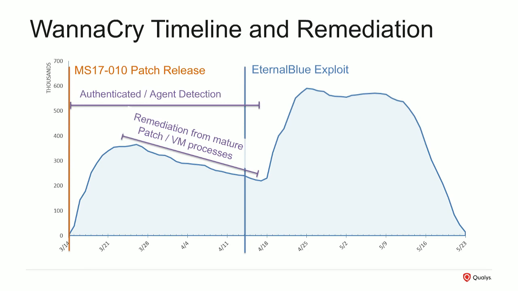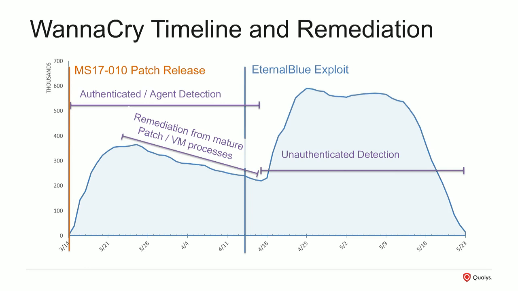At some point, about 1 month later, we got the EternalBlue exploit, which was basically the first exploit that used the vulnerability to create any kind of damage. And again, we saw a spike in infections. That was the time that vendors started to produce the unauthenticated detection, so we were able to understand the effects on the network and on the endpoint in a way that let us actually run unauthenticated detection.